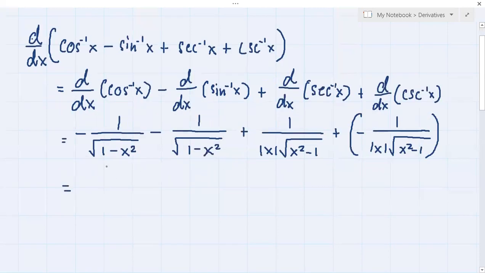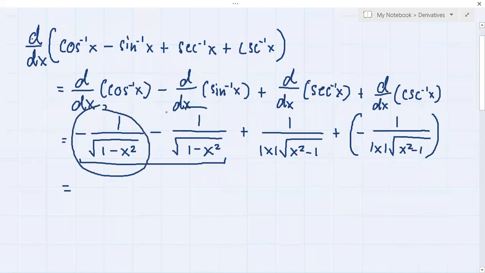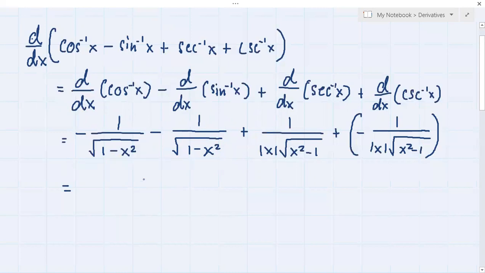Now, let's simplify. Itong dalawa, we can simplify them together, not only because they are exactly the same, kasi kung makikita mo yung first term at saka yung second term, magkapares talaga sila, but also, they are what you call as the similar fractions because both of them have the same denominators.